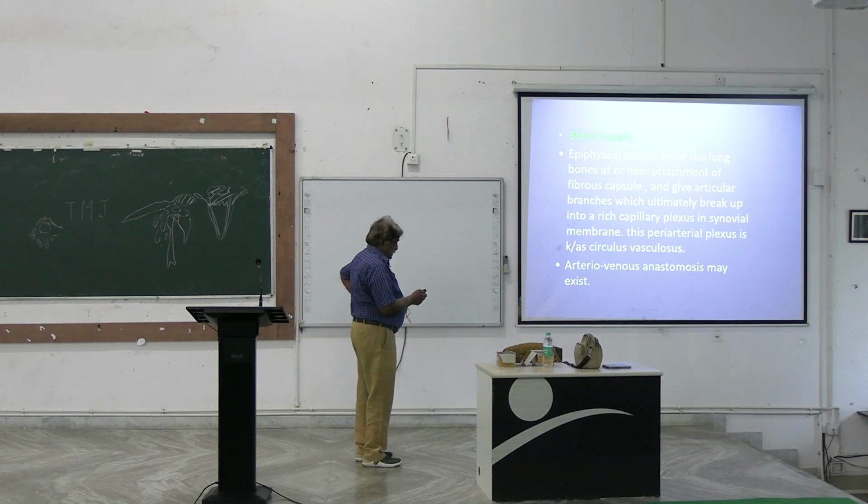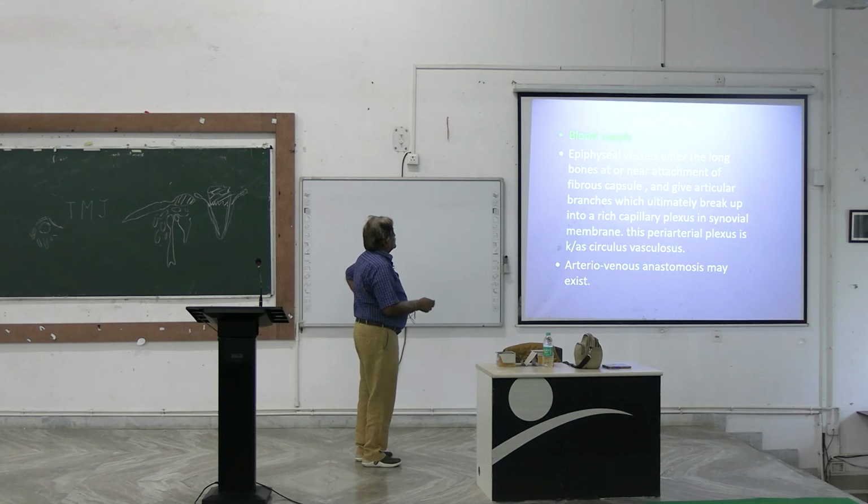Now, blood supply. Epiphyseal vessels enter the long bones at or near the attachment of the fibrous capsule and give articular branches which ultimately break up into a rich capillary plexus in the synovial membrane. This periarticular plexus, circulus vasculosus, arteriovenous anastomosis may exist.